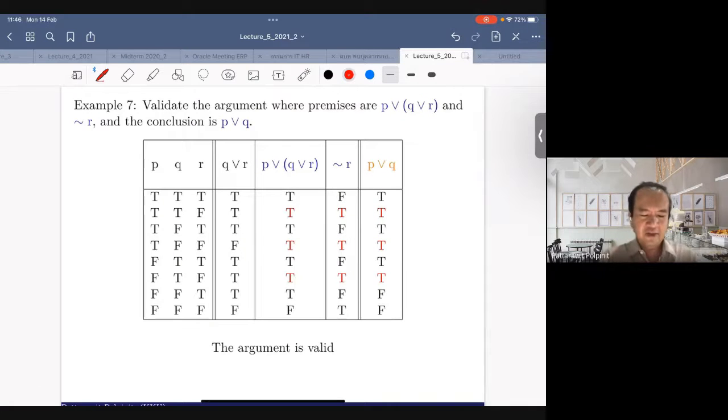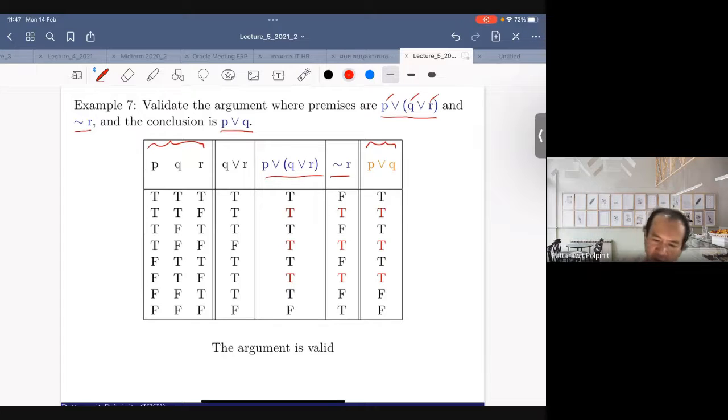You see example 7, you want to validate the argument where the premises are P or Q or R, and negation or, and the conclusion is P or Q. Before creating a truth table, you can see that there are 3 atomic propositions P, Q, R. So I put the atomic propositions here, P, Q, R, and I put the conclusion in the final column, and these are the premises.